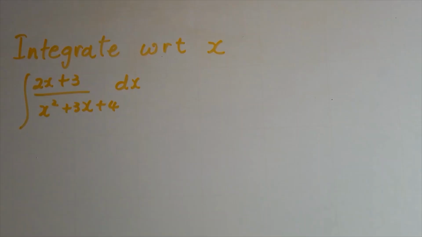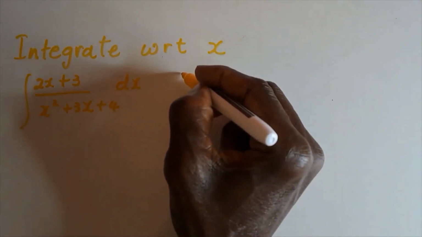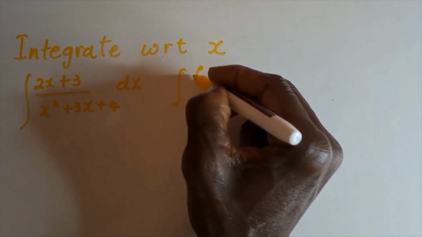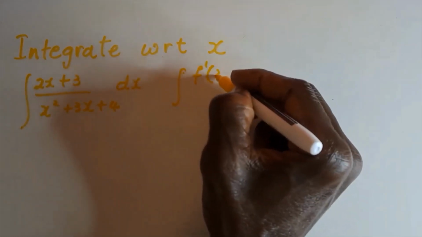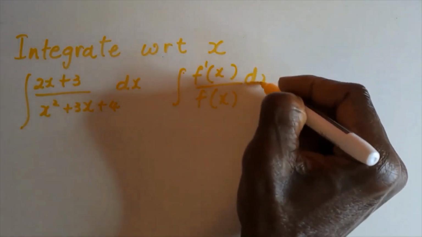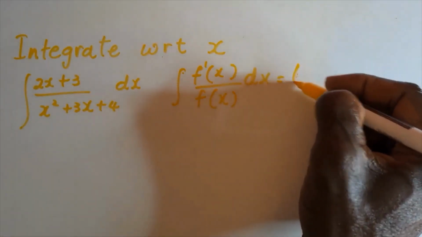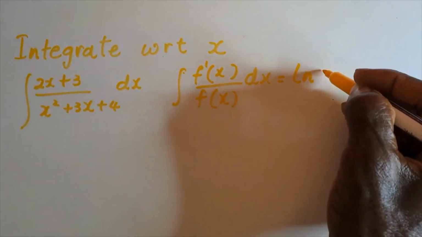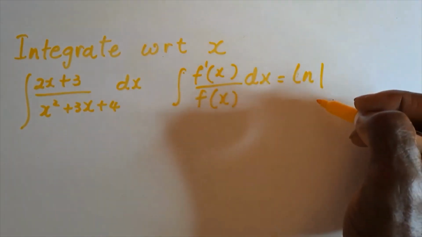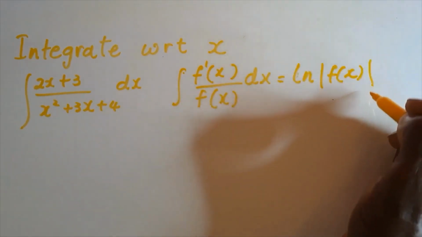Hi, integrate with respect to x. Our numerator is the derivative of the denominator. So this falls into the category of integrals f dash x divided by f of x dx, where we have the integral being ln the modulus of f of x.